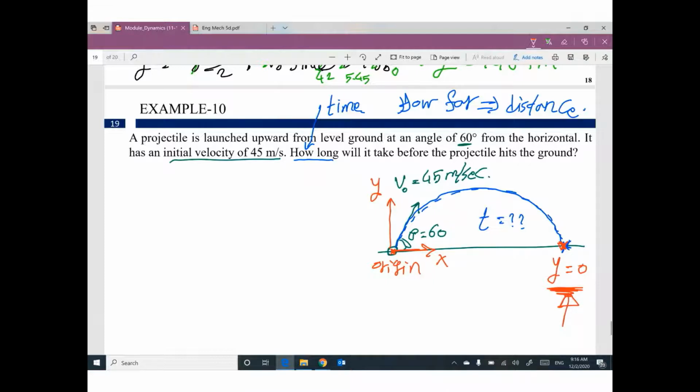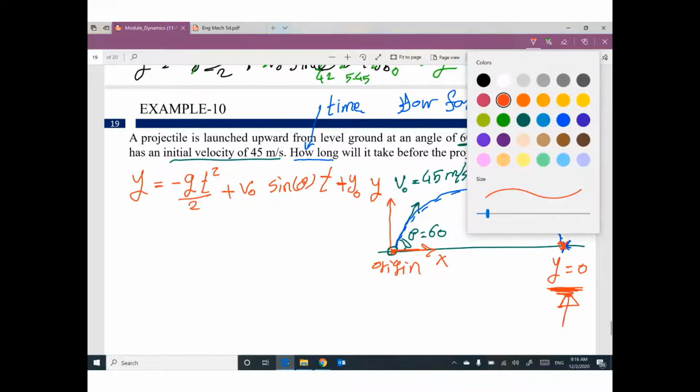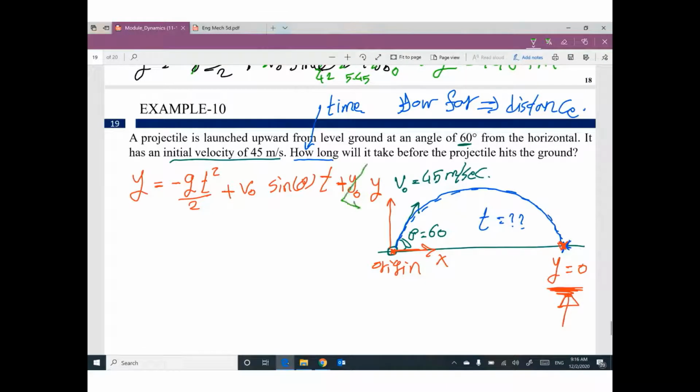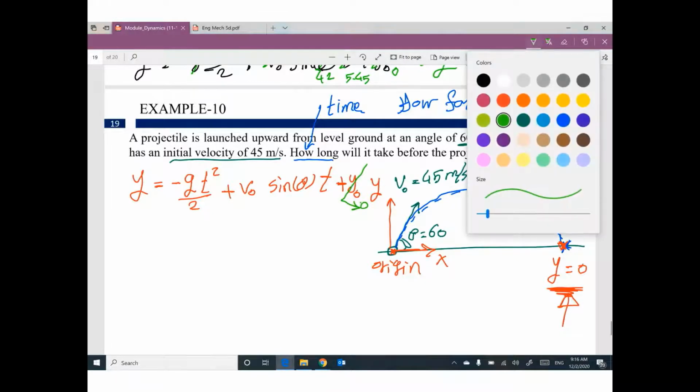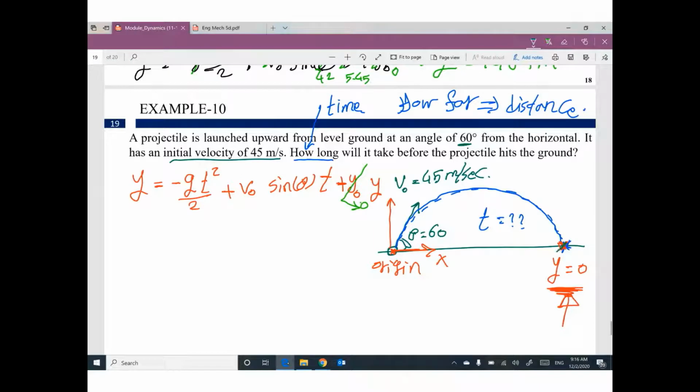We learned last meeting that we have the equation y equals negative g t squared divided by 2 plus v naught sine theta times t plus y naught. I believe we don't have initial y. And the y value for the final destination is 0. The g value is negative 9.81, t squared divided by 2.